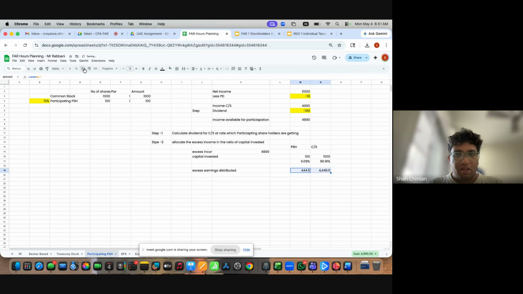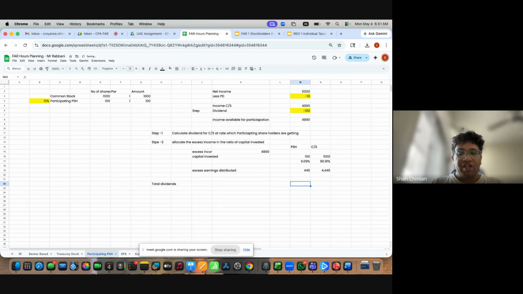So technically what we are saying, total dividends received. Preference shareholder got a $10 dividend from a basic distribution plus $445 dividend as excess earnings in the company. Equity shareholder got $100 of basic dividend plus 4,445 as an excess dividend.